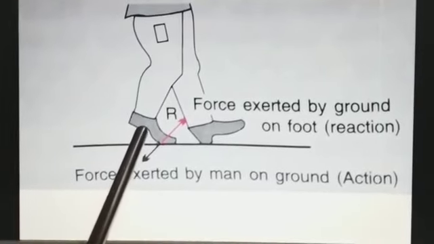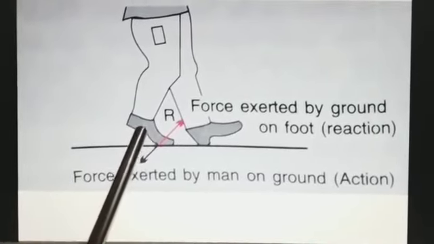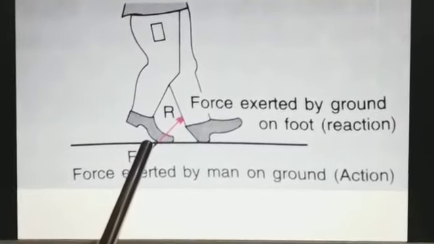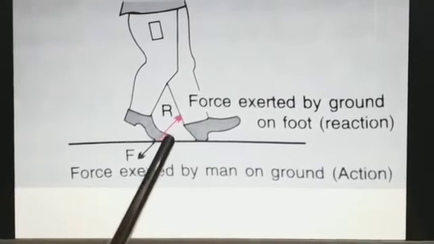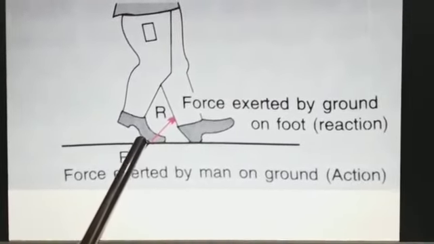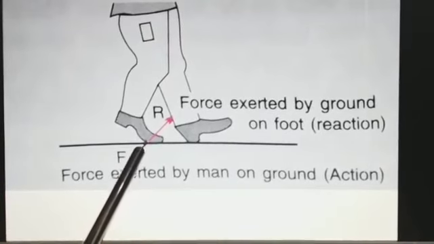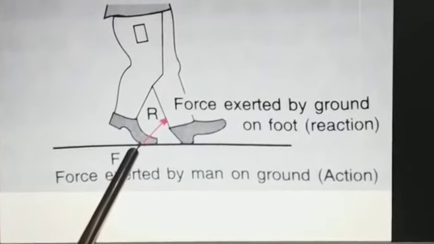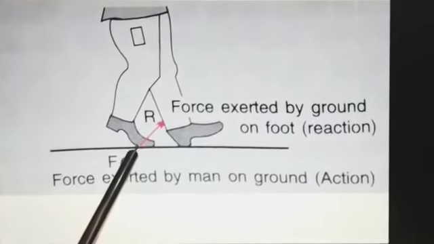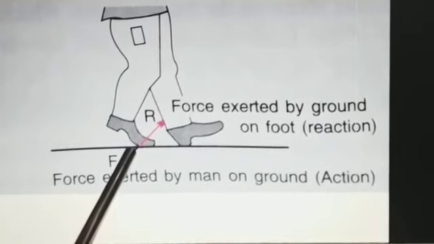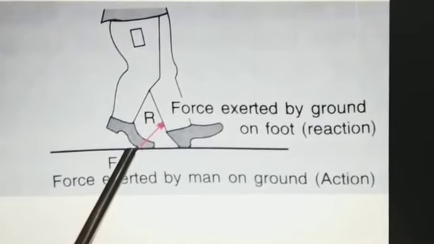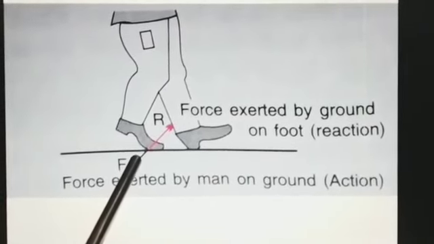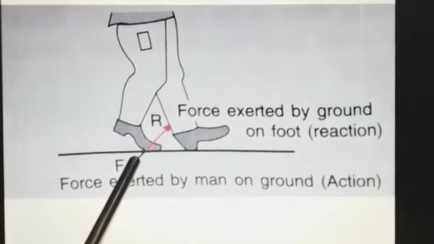In this picture, you can see the motion of a man on ground. When a man applies a force F backward by his foot on the ground against the force of friction, this is the action force. This is the force exerted by man on ground, which is the action force in this case.